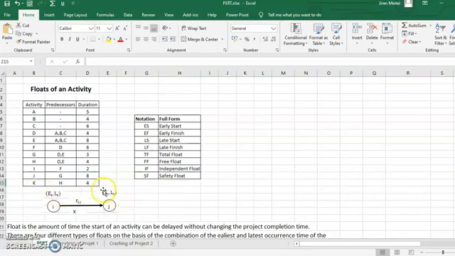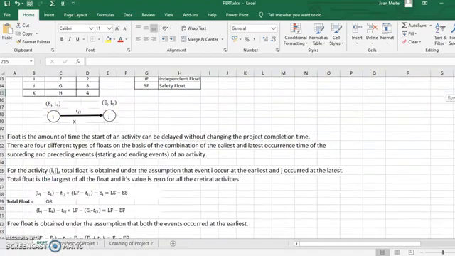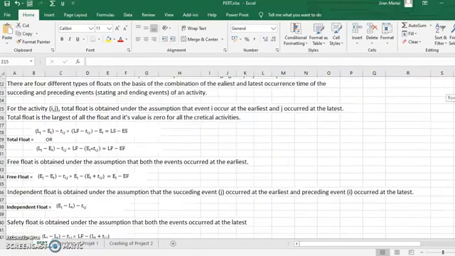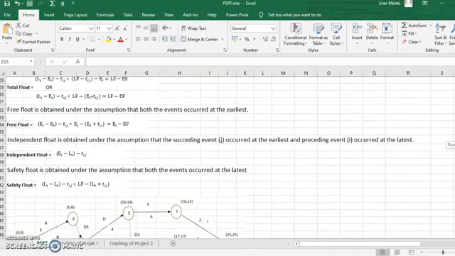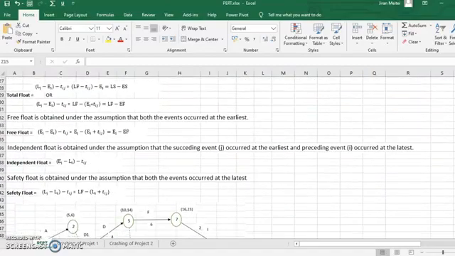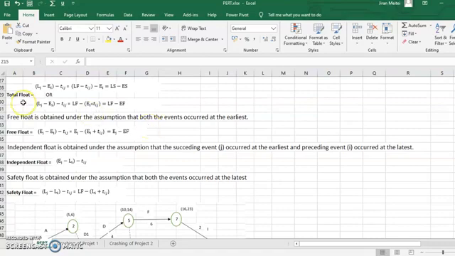So you have a total of 4 different combinations, and because of these you are going to have 4 different floats: total float, free float, independent float, and finally the safety float. Of all these 4 floats, total float has the largest value, and it is the most important of all the floats.